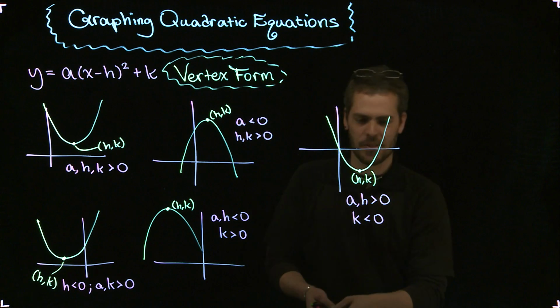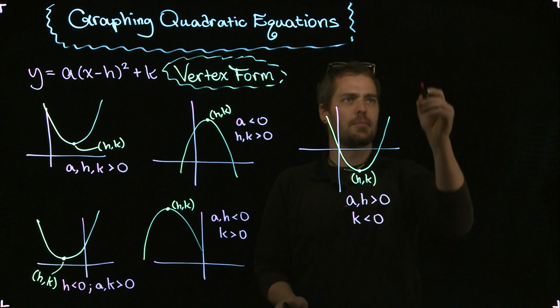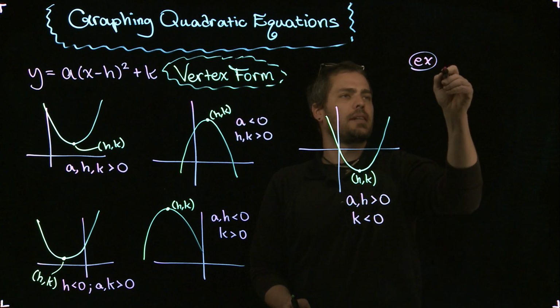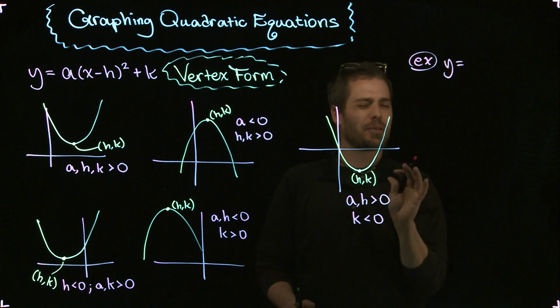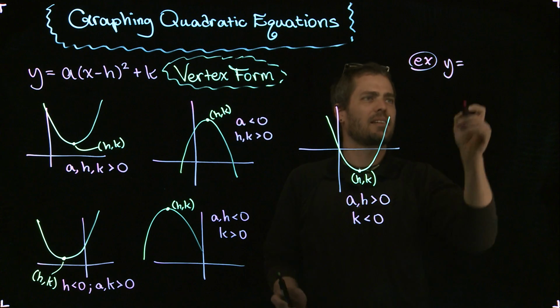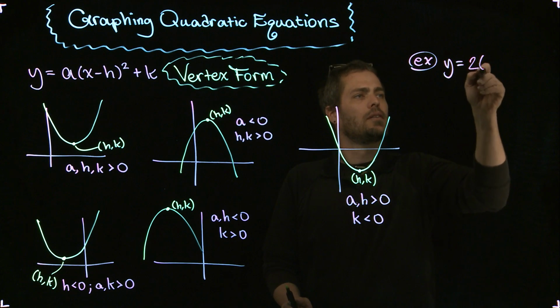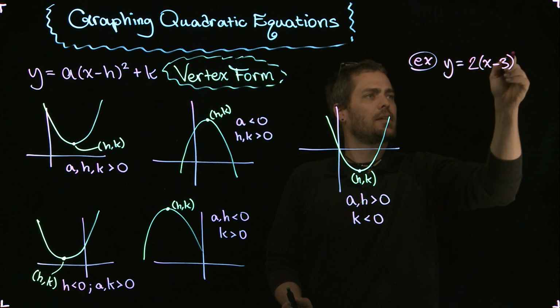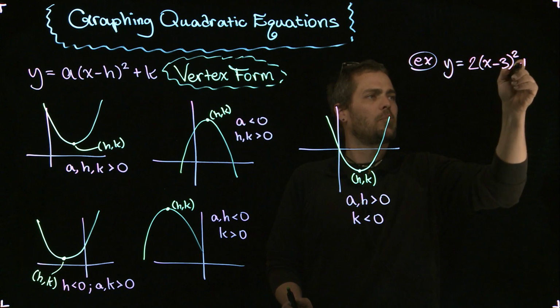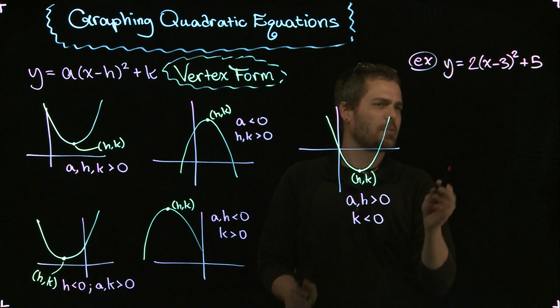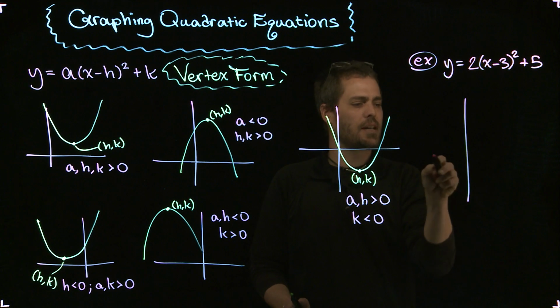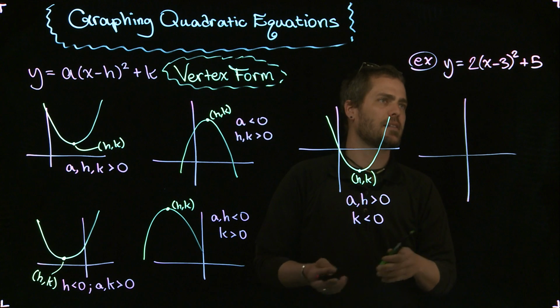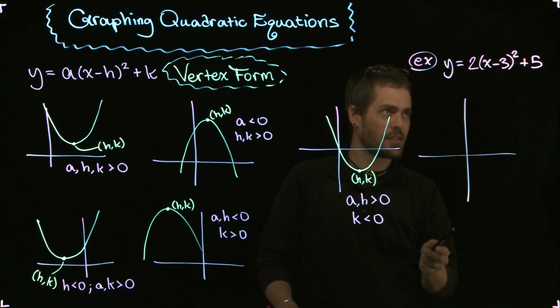So for example, let me just throw one out there, totally randomly. Suppose we had something like this, and I'm not going to put the actual values, I'm just kind of guessing: 2 times x minus 3 squared plus 5. Then without putting the actual values, I can tell that h, k is 3, 5.